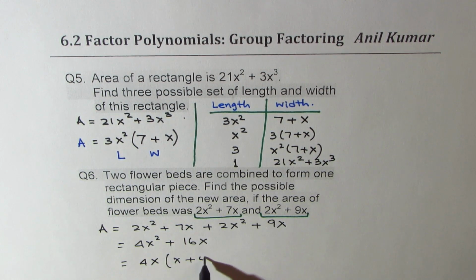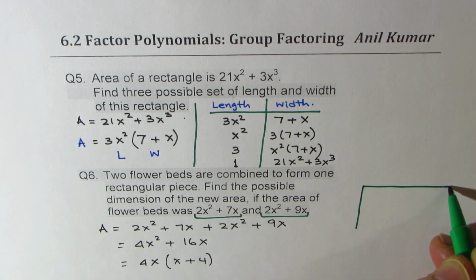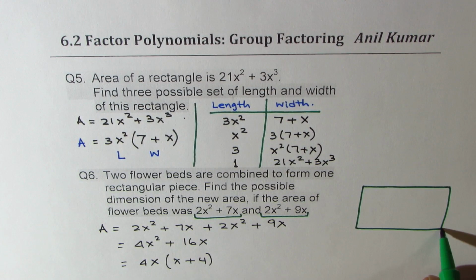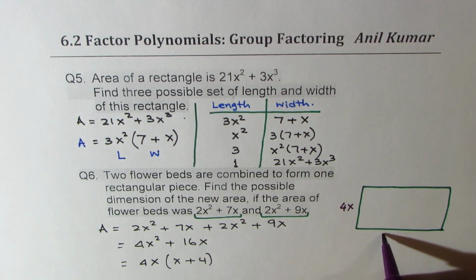You get 4x times x plus 4. Do you see that? So that is how you could get the new plot, right? So that basically means that you have something like this: a rectangular plot whose one side is, let's say, 4x and the other side is x plus 4, correct?